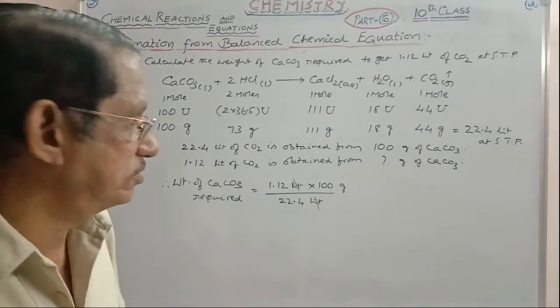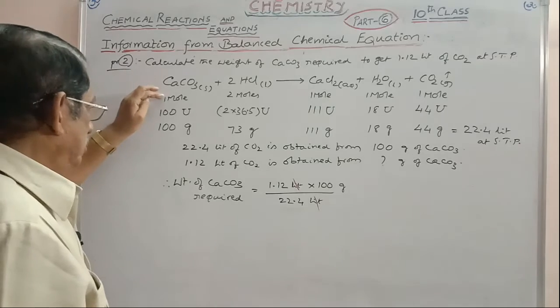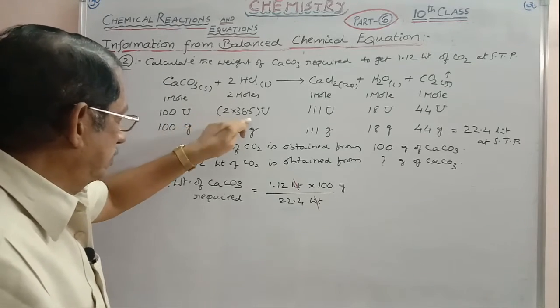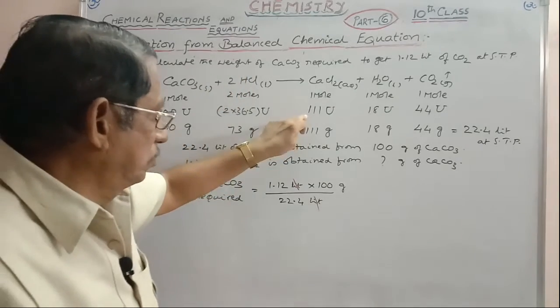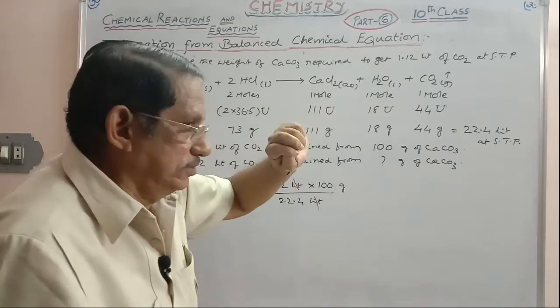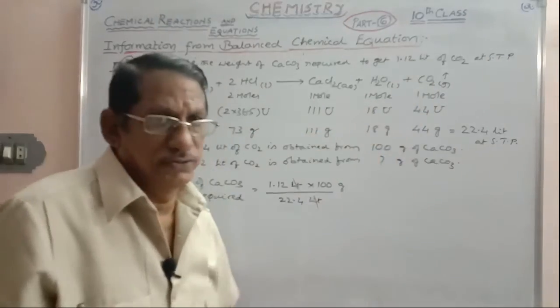Expressed in unit mass, 1 mole of CaCO3 is equal to 100 u of CaCO3 reacting with 73 u of HCl to give you 111 u of CaCl2 and 18 u of H2O and 44 u of CO2.